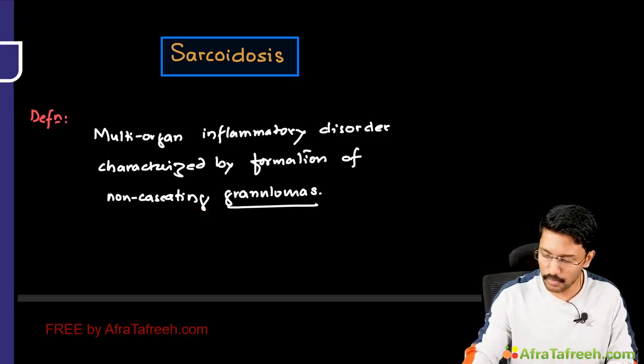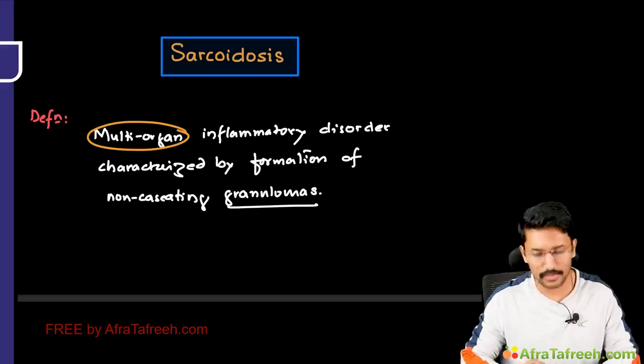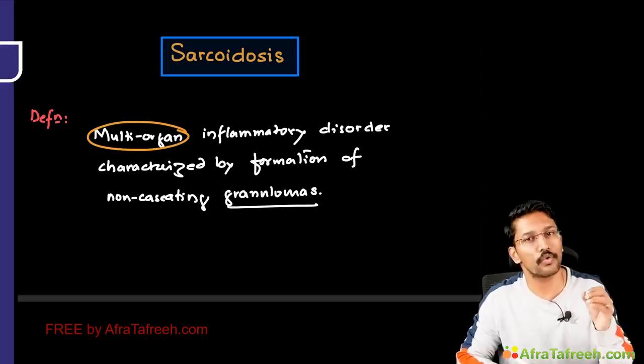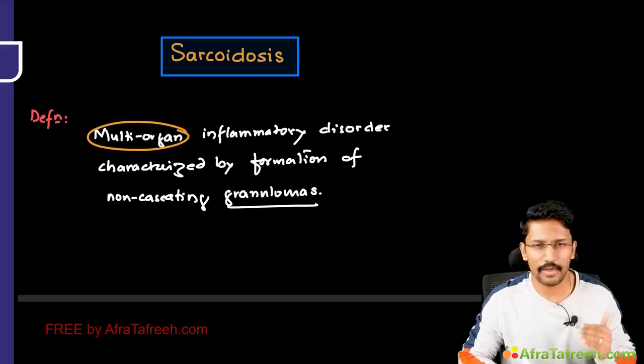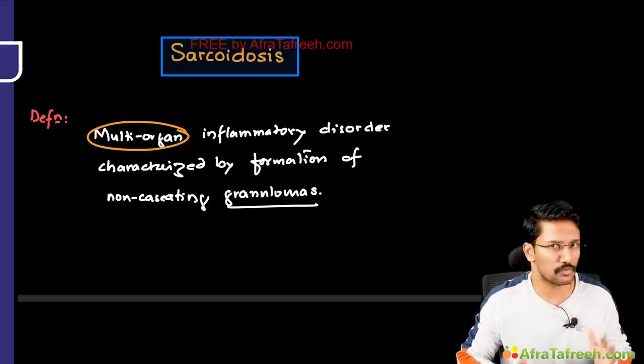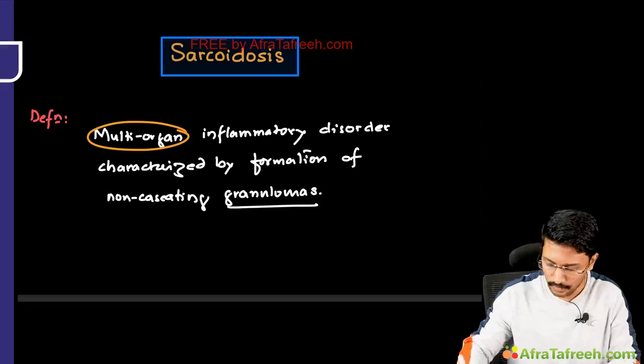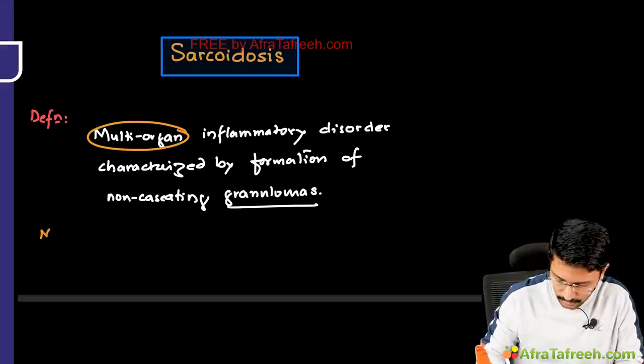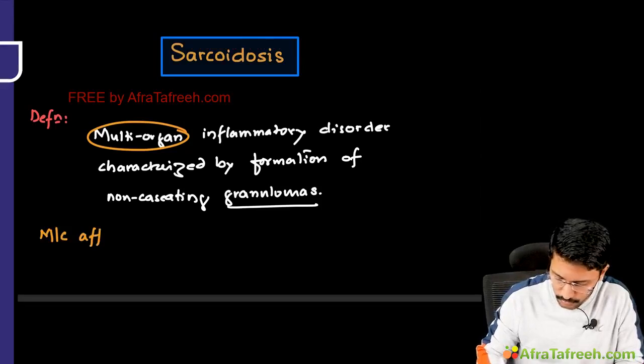Now that we're talking about a disorder which is affecting multiple organs, there can be a question asking you what is the most commonly affected organ, and it needs no introduction because you're already watching this video module under the respiratory system. So it goes without saying that the most commonly affected organ is going to be the respiratory system or lungs.